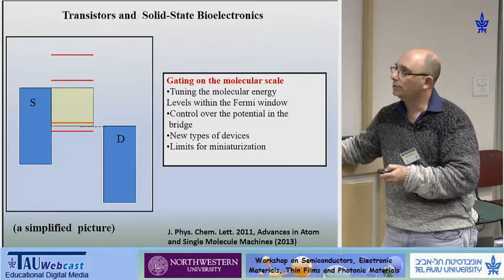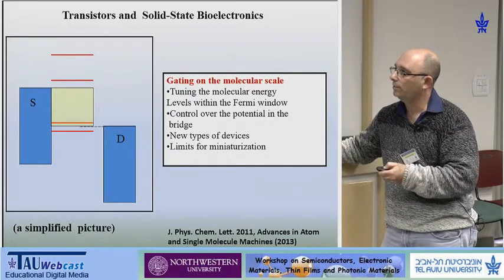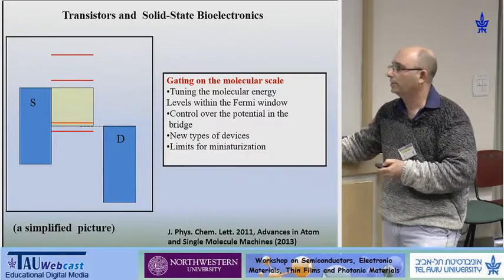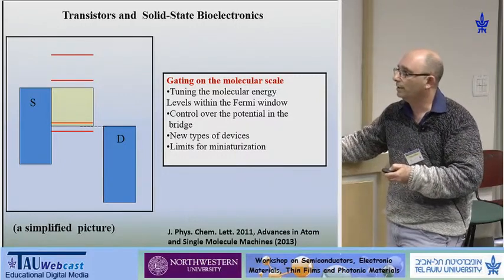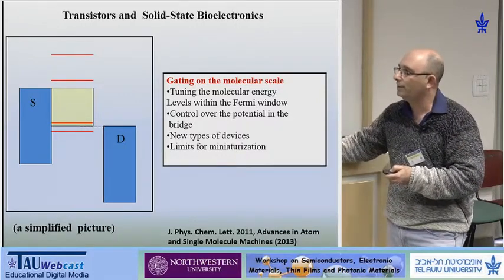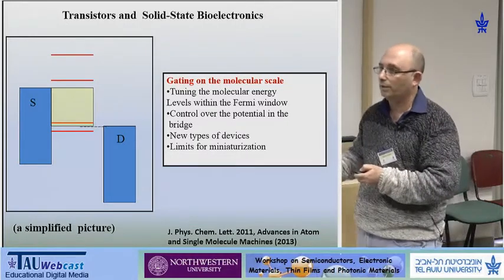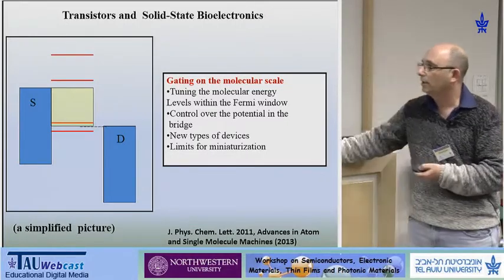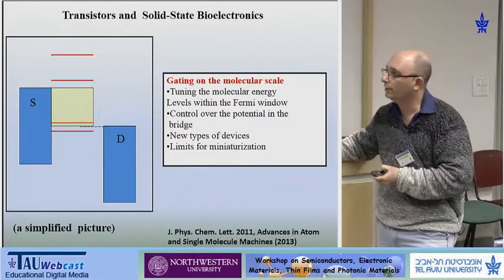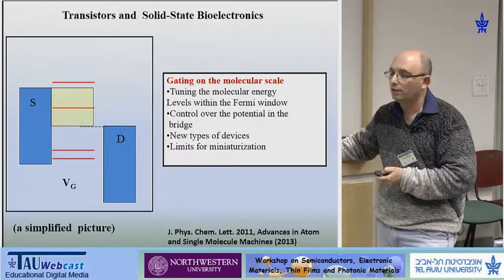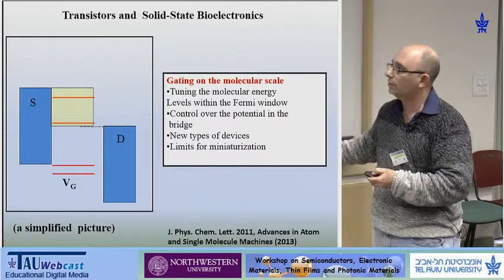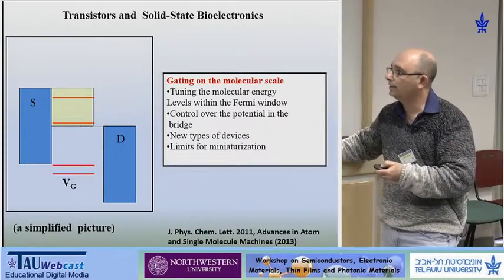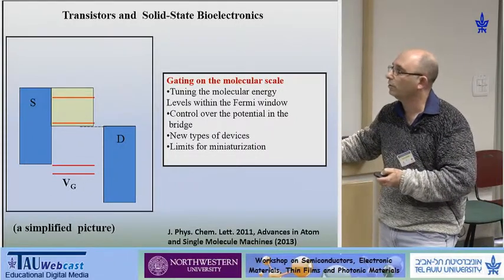And all the action takes place between this source and drain, within this voltage span. So this energy level will be in business, but if we introduce a capacitively coupled electrode, like the gate electrode, then we can tune the energy levels between the source and the drain and see what is happening in the molecules.